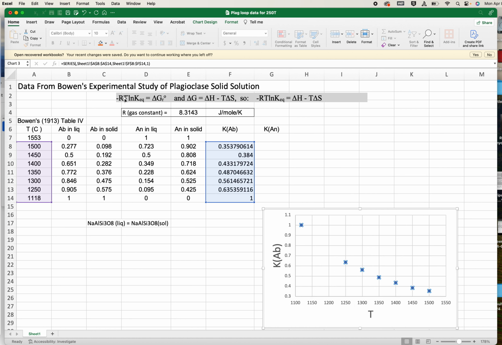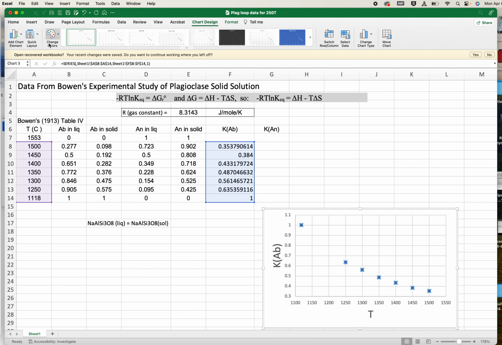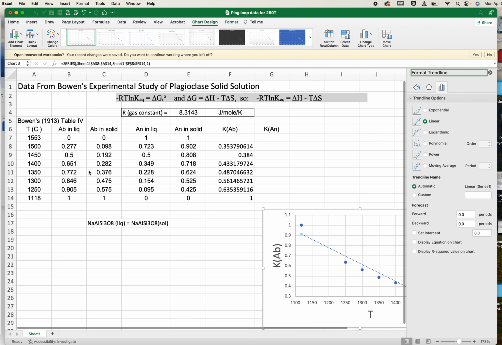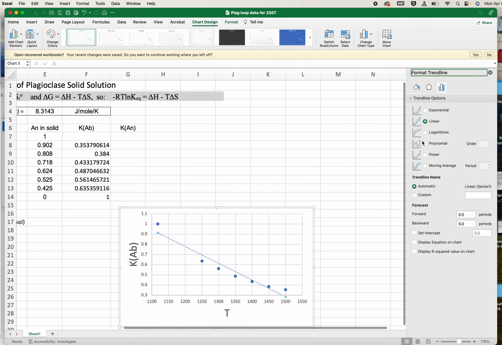Now, for these data, we can fit this through, let's go to trendline options. Oh, it's unhappy with choosing, there we go. We can fit it pretty nicely. Let's move this over so we can see it. It's fitting a linear. That doesn't do a very good job, but we could try a polynomial.